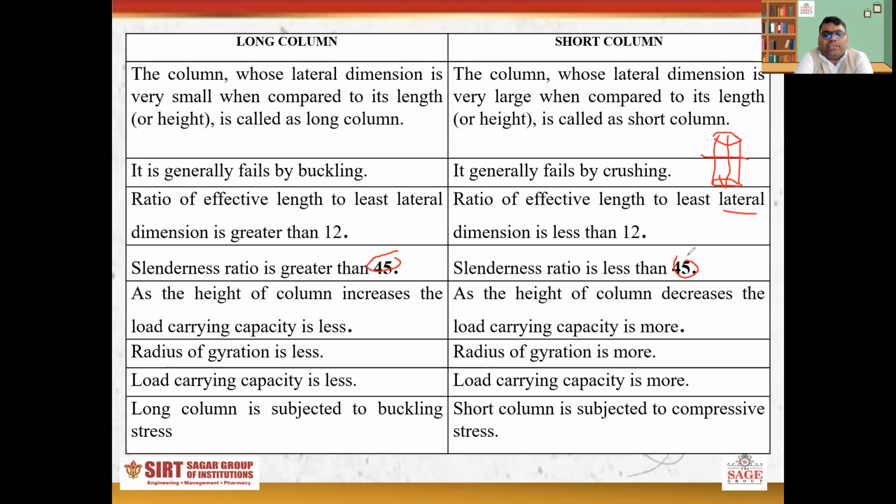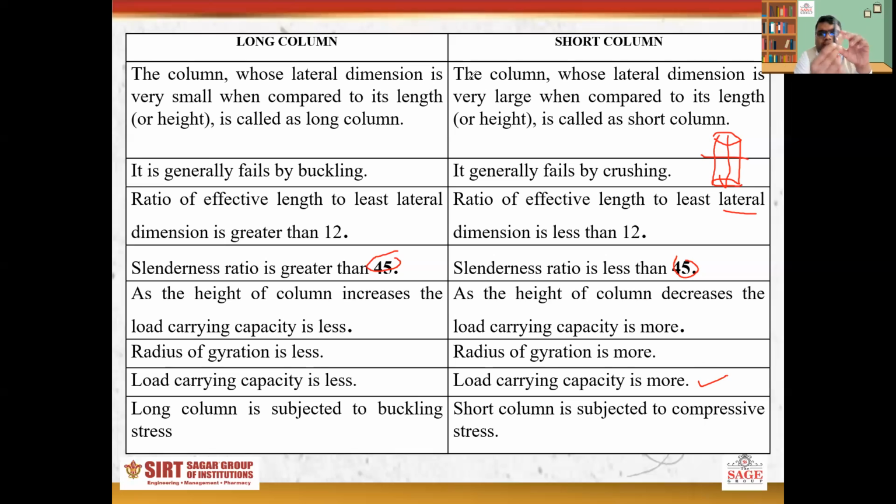The radius of gyration is high in the case of a short column, and the load carrying capacity is more. So a long column is subjected to buckling stress and a short column is subjected to compressive stress. We can understand this with an example.